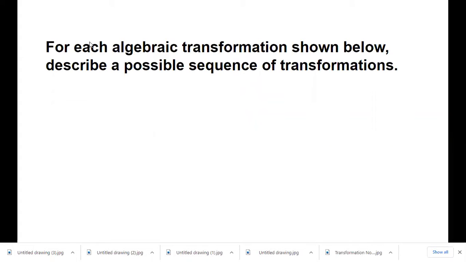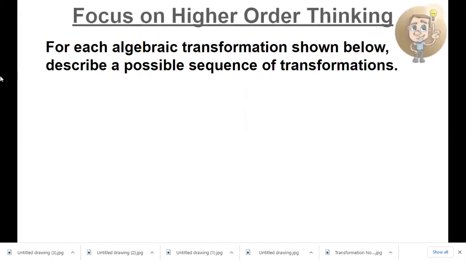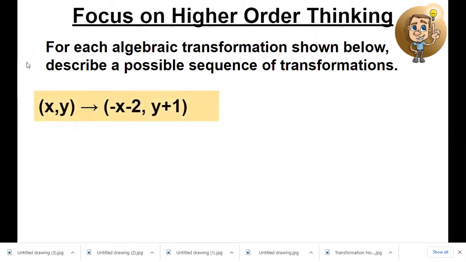So for each algebraic, let's talk about this a little bit, higher order thinking. For each algebraic transformation shown below, describe a possible sequence of transformations. So you're going from (x, y) to (-x - 2, y + 1). So you're changing the sign of the x value.